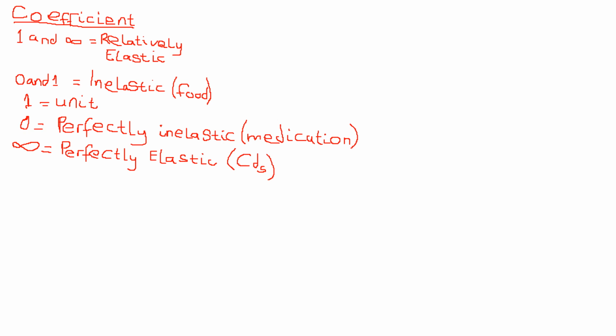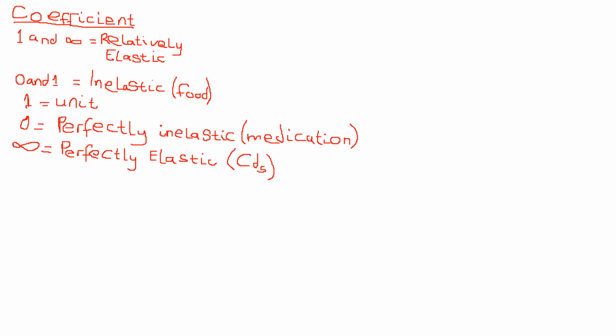Businesses faced with unitary elasticity would know that if we reduce the price, it is not going to result in any increase in total revenue. Why? If we reduce the price by half, people are going to double the quantity of goods that they buy. So our total revenue is still going to remain unchanged.